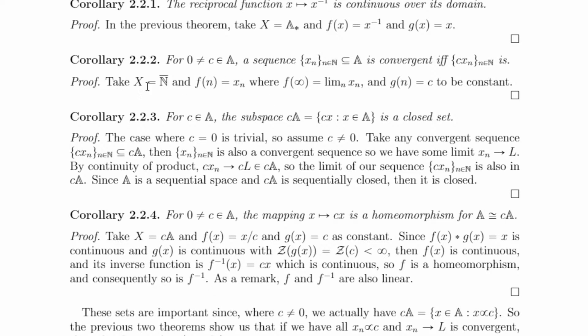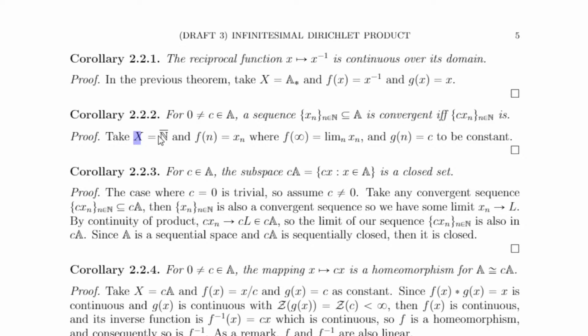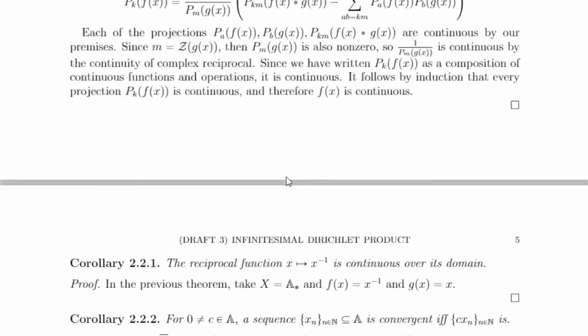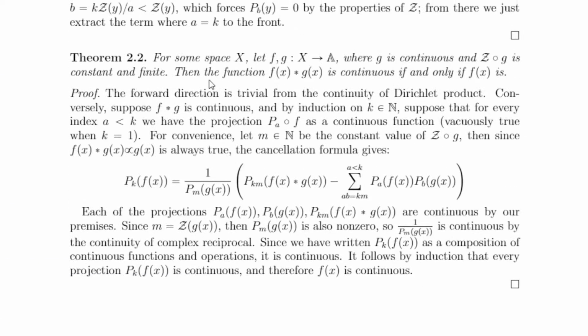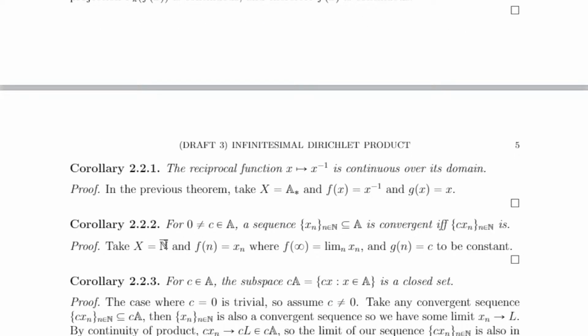We're going to have our space x be the extended integers. In our theorem, we can have our x be any topological space, and here the topological space we're using is the extended integers.